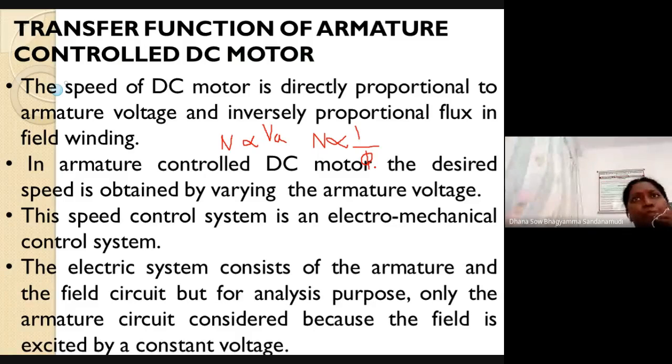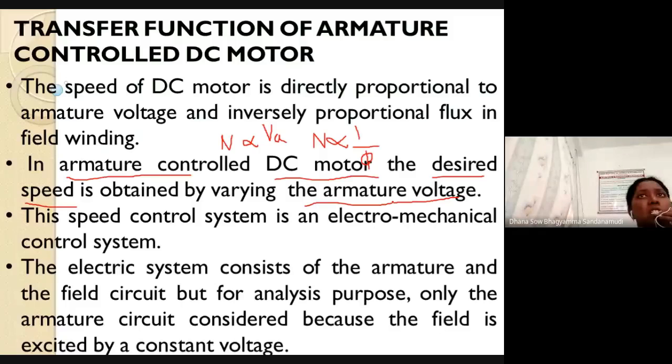Whenever I want this DC motor to run at the desired speed and I go for the armature speed control method, I will vary the armature voltage. Armature voltage is directly proportional to speed. If I increase the armature voltage, speed will also increase.